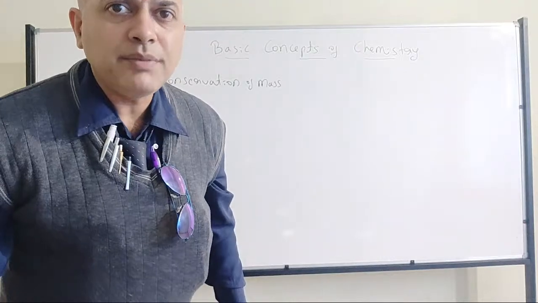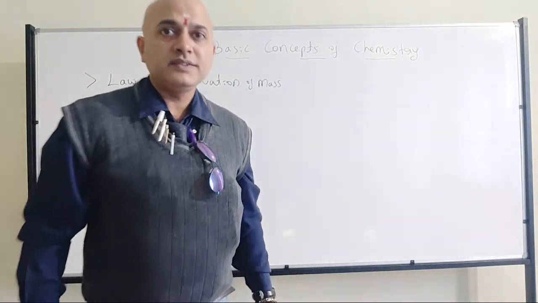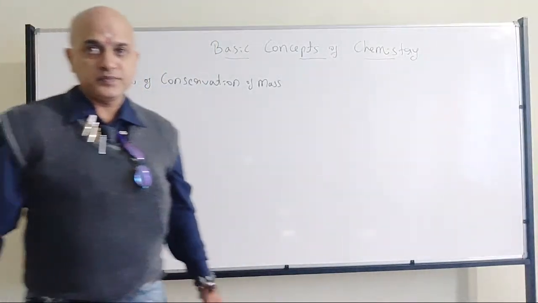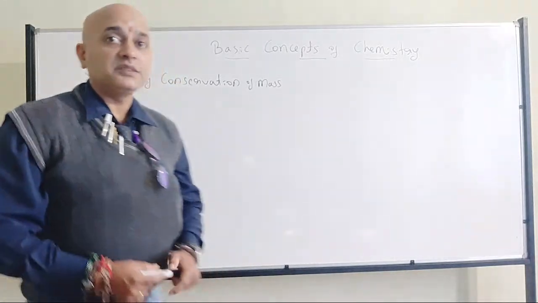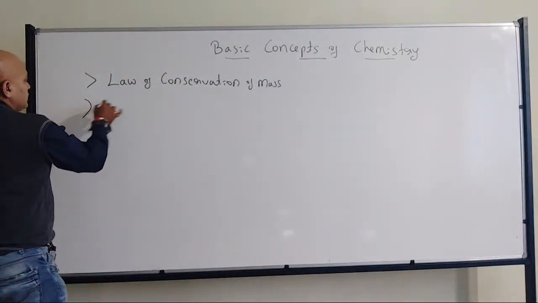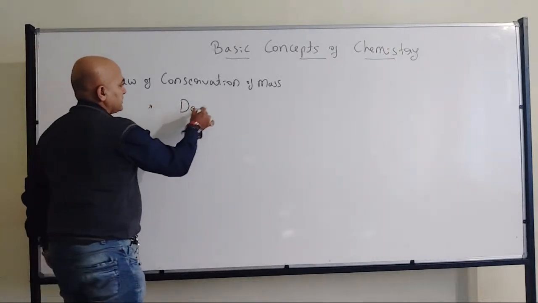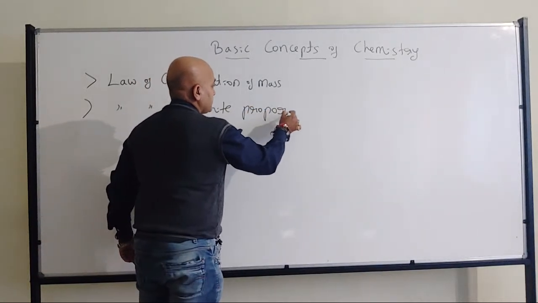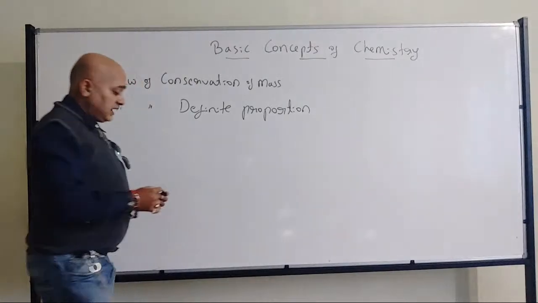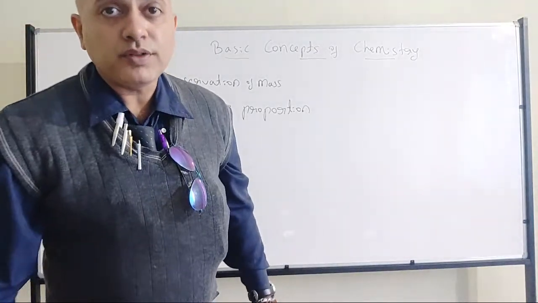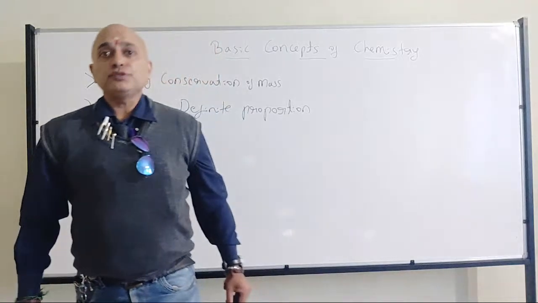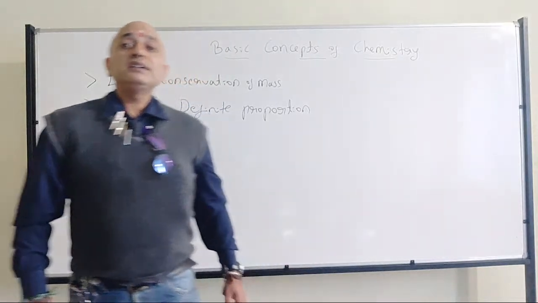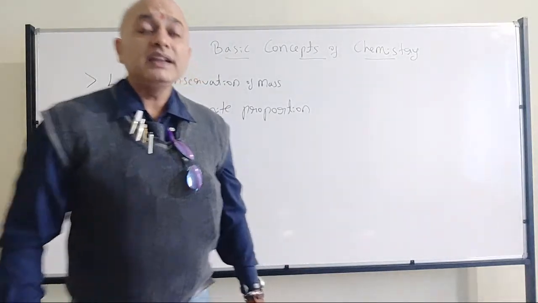Then laws of chemical combination. What do you mean by that? We have discussed the law of definite proportion, which tells that a compound or a molecule will have a definite, simple ratio of the elements in its structure.